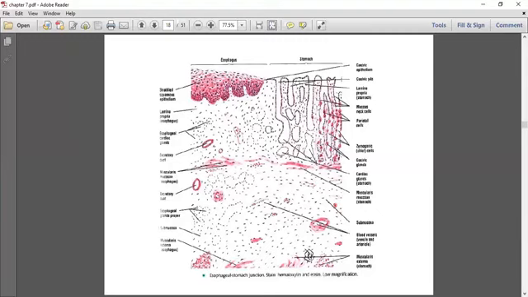This region represents the fundic region of the stomach, containing more than one type of unicellular glands, like parietal cells that secrete hydrochloric acid, mucous neck cells, and zymogenic or chief cells or peptic cells that secrete pepsin.